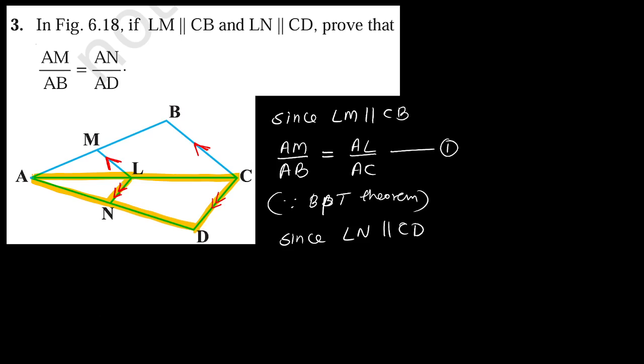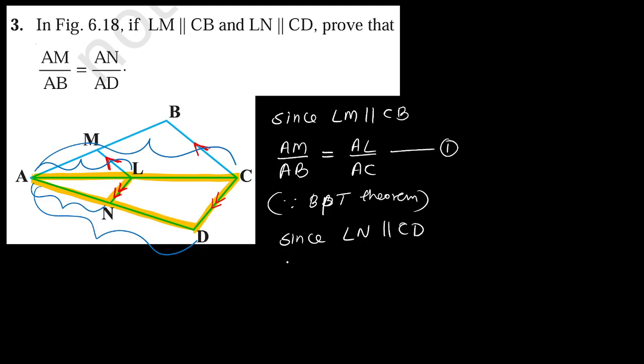Left side ratio, as in the earlier case where I wrote AL by AC, so AL is this much, AC is this much. That is why AL by AC is the left side ratio, since parallel sides are there. The corresponding right side ratio will be AN by AD.